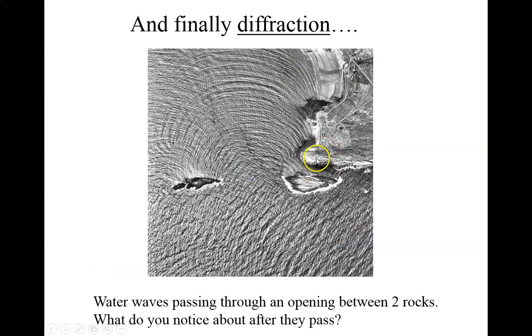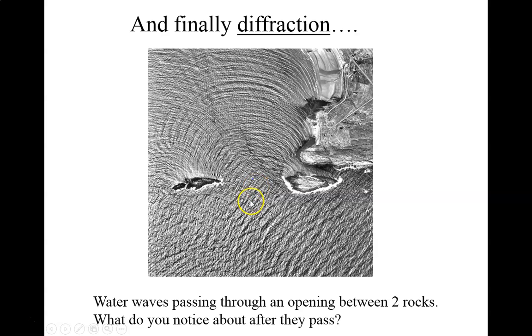Okay, and the last one, which is pretty simple, we're not going to get into it too deep, is called diffraction. Basically, when a wave meets a boundary or an obstruction, I guess is a better way of saying that, it bends around that disruption.